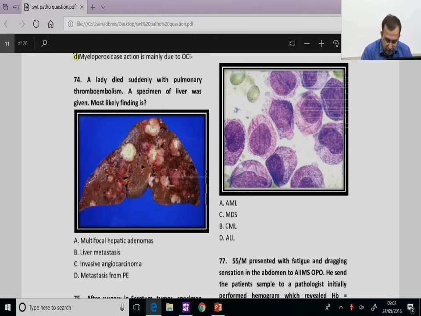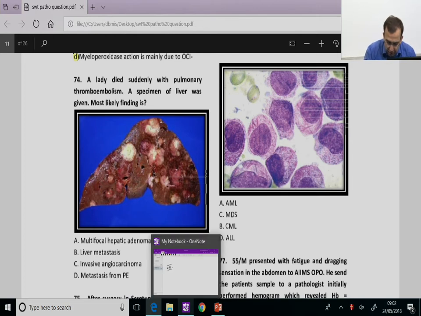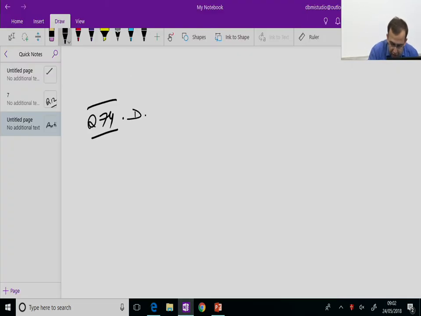So the answer is D, that is metastatic pulmonary embolism. Now the wording of option D, metastasis from pulmonary embolism, is wrong. It is metastatic pulmonary embolism. So question 74, the answer is D.